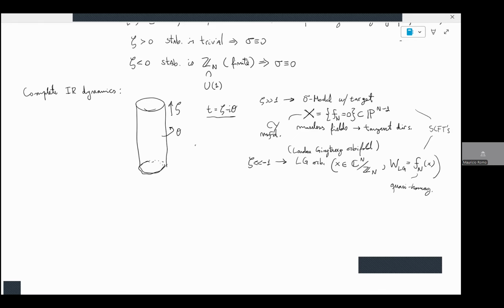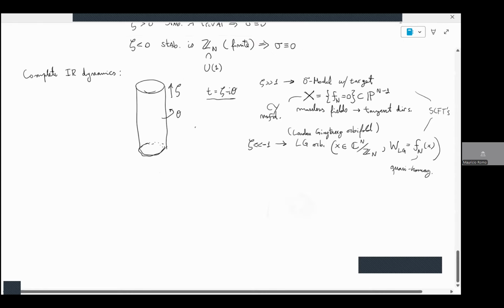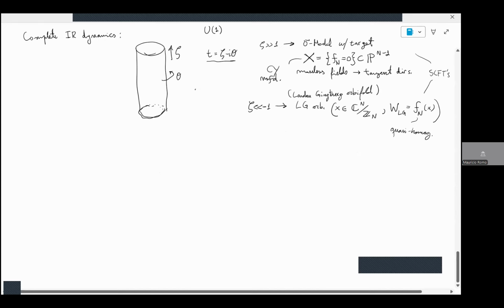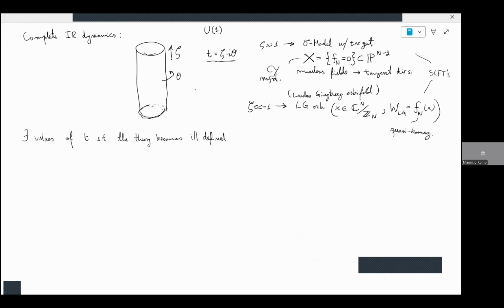There is one more thing to say about this theory, that may become important later, which is that there exist values of t such that the theory becomes ill-defined. So there is a singularity in this space. In this cylinder, there is also a singularity. This also was analyzed by Witten many years ago, more than 30 years ago now.